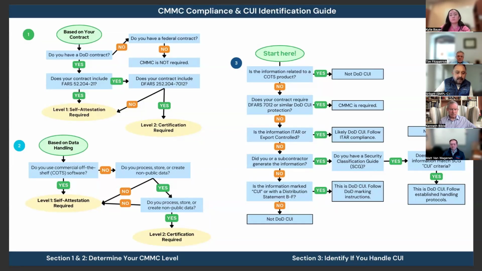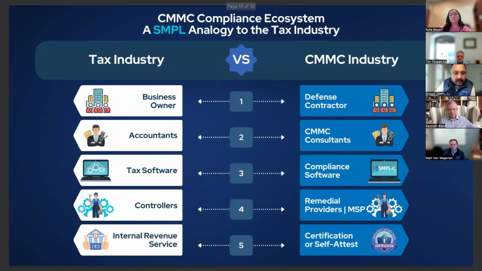Yep. All right, we can go to the next slide, because this is a very quick slide. There is a pretty similar analogy between the tax industry and CMMC right now. When tax software came into existence, there were multiple people that helped, but the tax software obviously sped up the way the preparation for an audit took place.